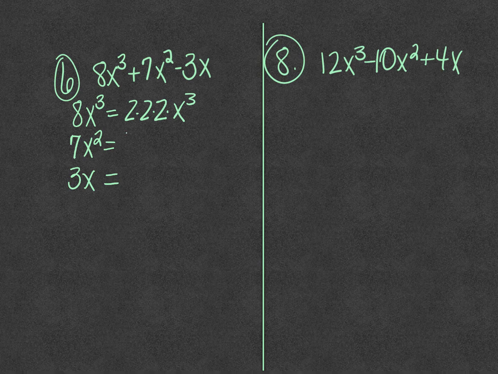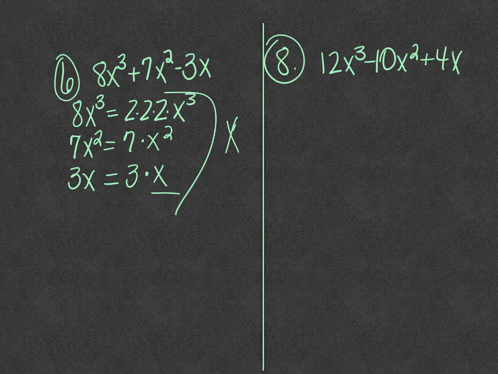And then our factors here are 7 times x squared, and 3 times x. We only have one variable that we have in common with all 3 terms, and that is simply x. So our greatest common factor for these terms is x.